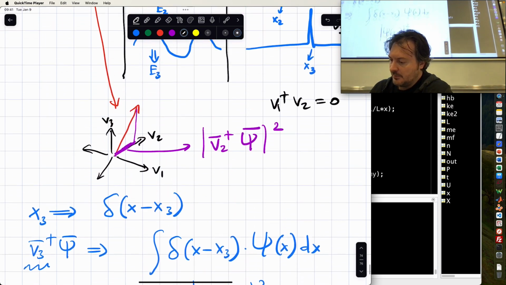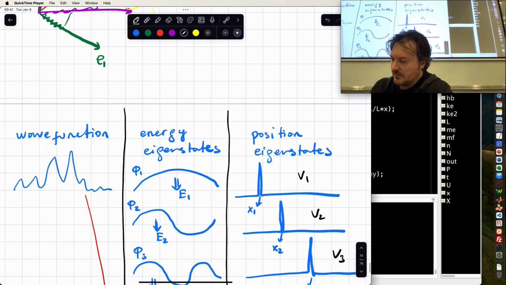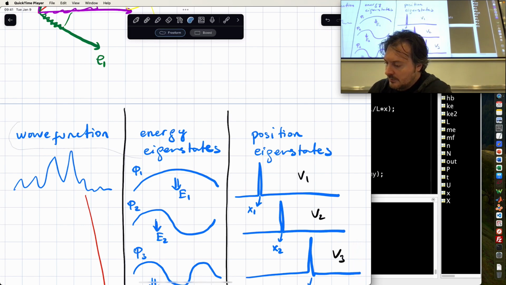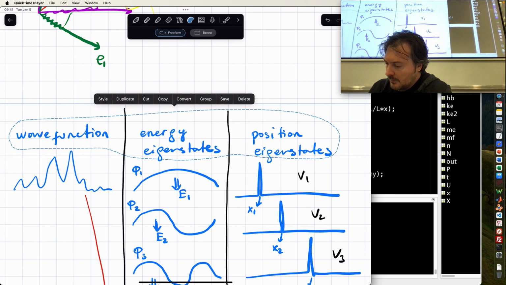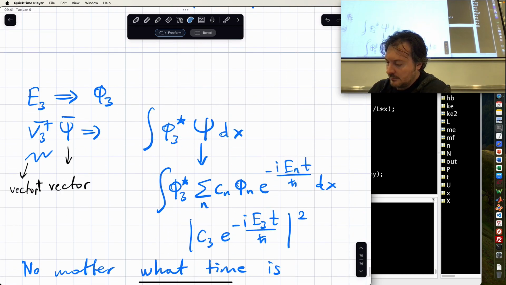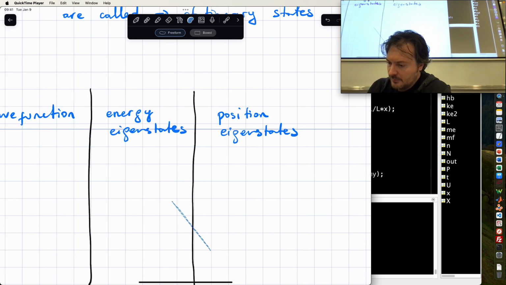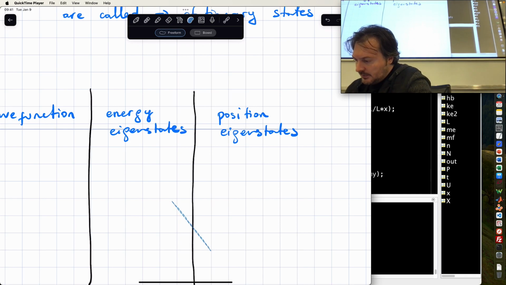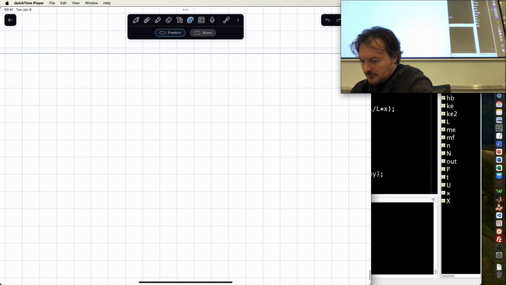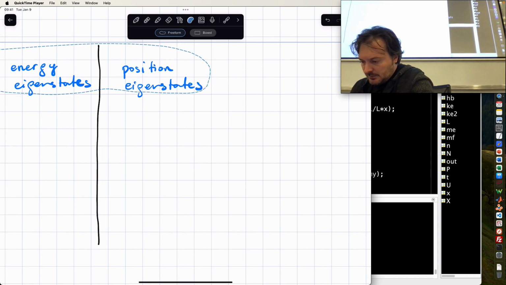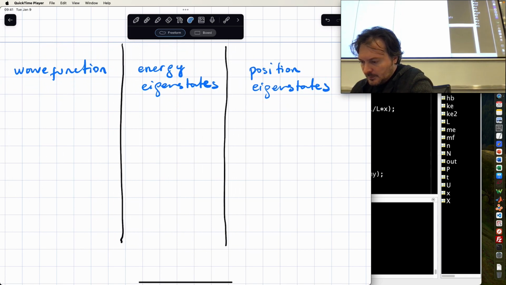Let's go back to our wave function. Let me take this, copy that, and talk a little bit about momentum space. Oops. How can I? Yes. I want to paste it here.